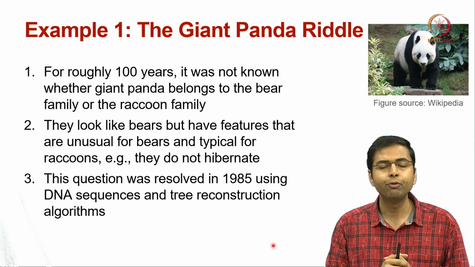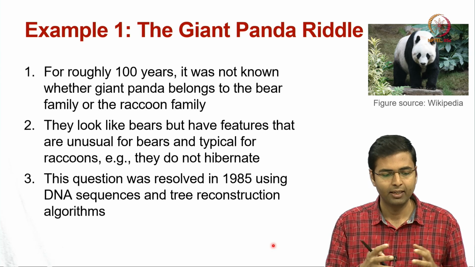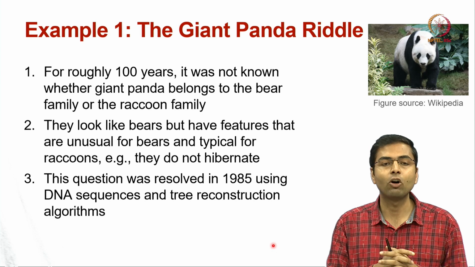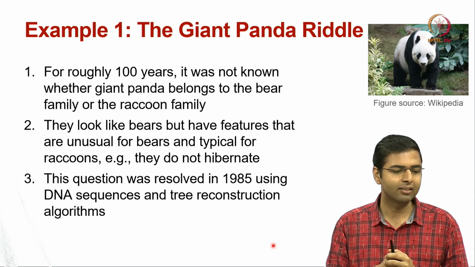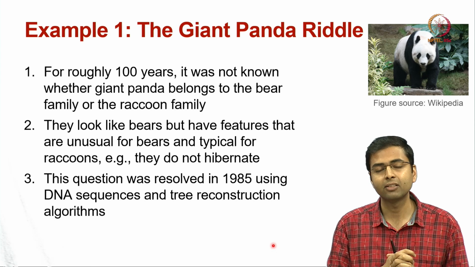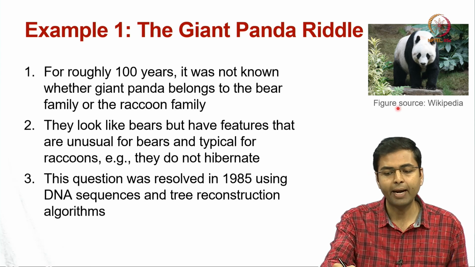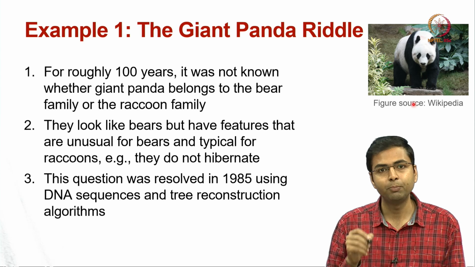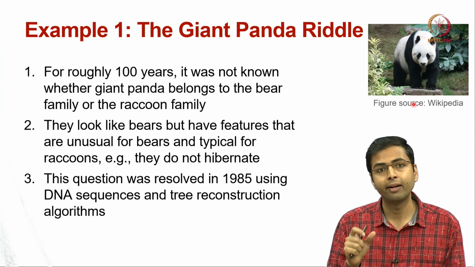Let me give you a few examples which will convince you why tree reconstruction algorithms are very important. The first example comes from the giant panda case, and in this case it turned out that for roughly 100 years it was not known whether the giant panda species belonged to the bear family or the raccoon family.